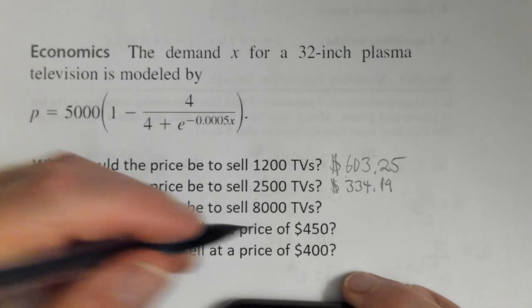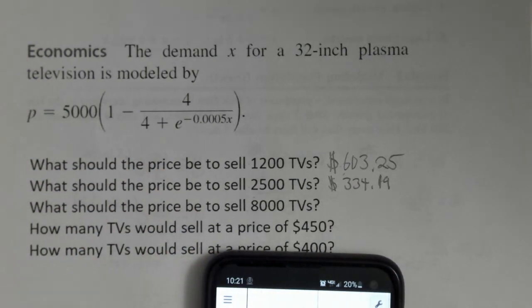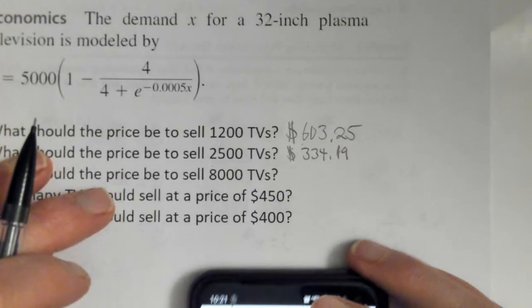What about if I wanted to sell 8,000 of these things? What should I make the price? Well, let's see. If I wanted to sell 8,000 of these things, then I should make the price $22.79.